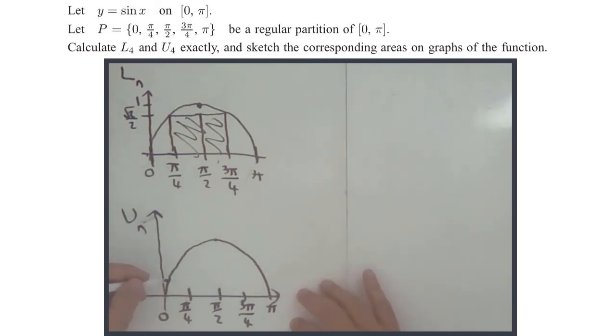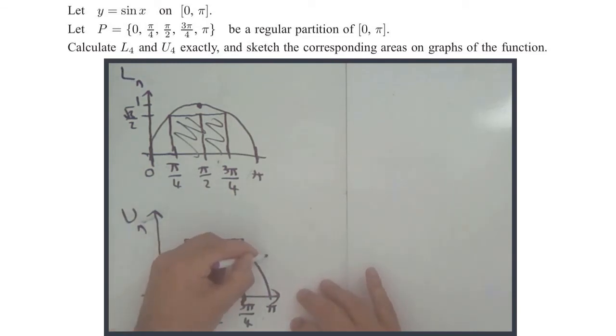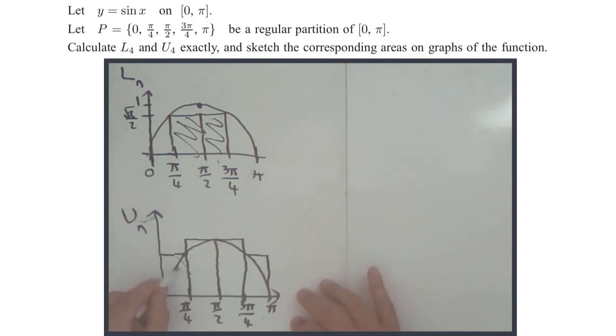And then we used this for the first bar, we used that area. Then we used 1 twice, so we used these bigger bars here. And then we used this, so you can see it's clearly a lot bigger. So that was our area for the upper. Put some values in. This is 1, this is root 2 over 2.